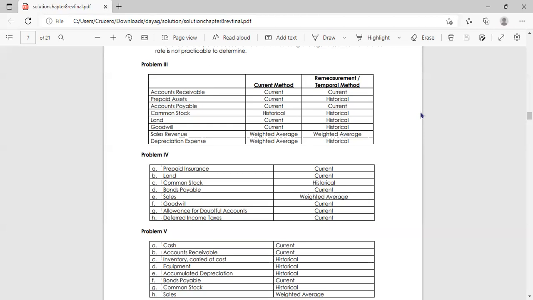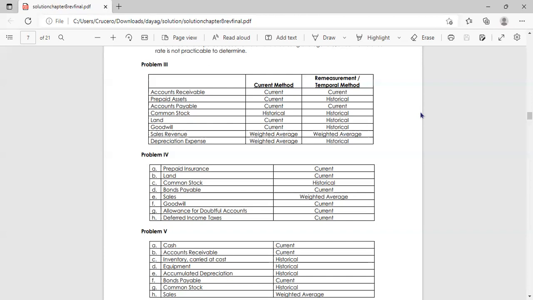The functional currency is the currency of a hyperinflationary economy. Elri company operates in a hyperinflationary economy. Its balance sheet on December 31, 20x4 follows. So we are now given cash being monetary, inventory, and property, plant, and equipment, non-monetary.